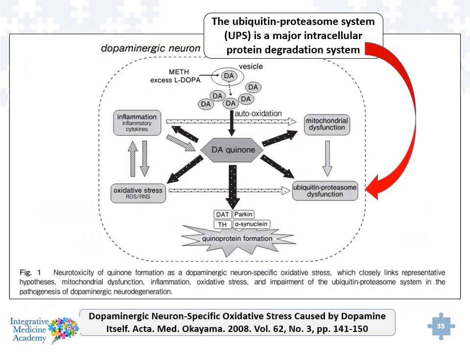And this was an interesting paper. They're looking at dopamine-quinone, okay, generating inflammation, generating oxidative stress, causing mitochondrial dysfunction. And this one right here is important, particularly if you're working with patients with neurodegenerative diseases, Alzheimer's, Parkinson's, etc.